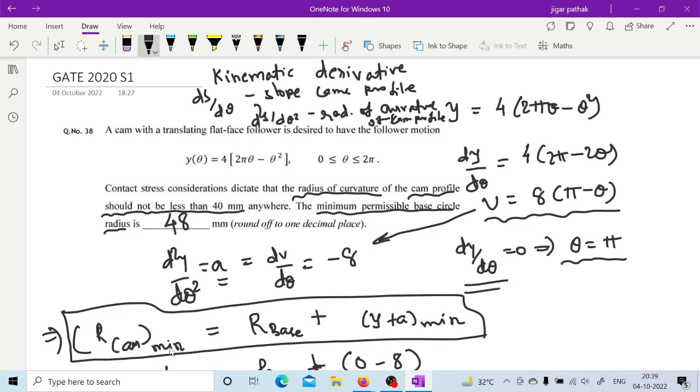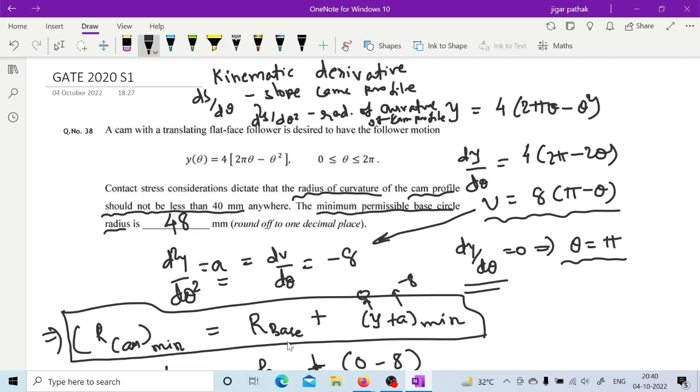With the minimum cam profile radius, and y plus a also being minimum, y is the displacement of the follower, and we are considering that displacement as 0. And a is the radius of curvature, which we have calculated from the second derivative as minus 8. This will be minimum when we consider the follower displacement as 0 and the radius of curvature as minus 8.